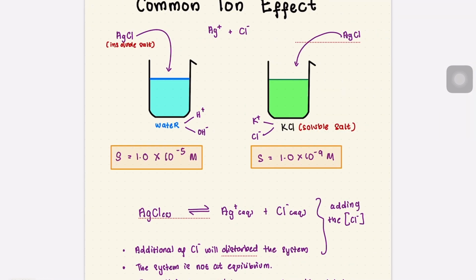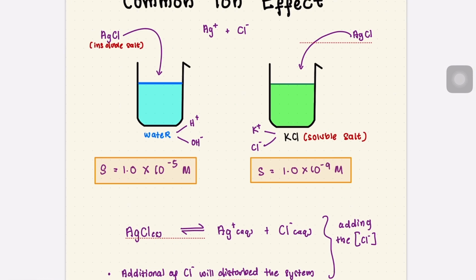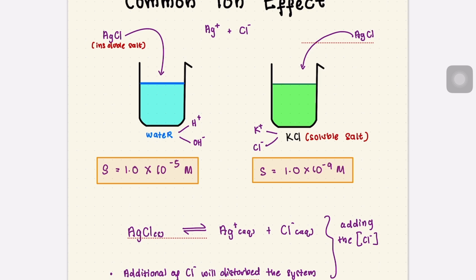Now, let's start to compare. So these are the two situations. The first one in water and the other one in potassium chloride. Like what I explained before, in water there's no common ion, as you can see, and this is the solubility.